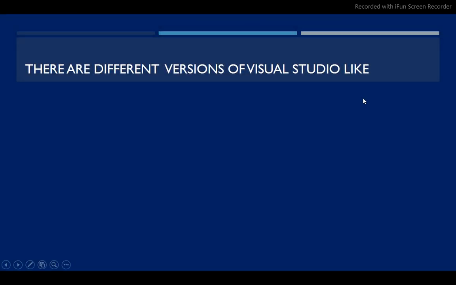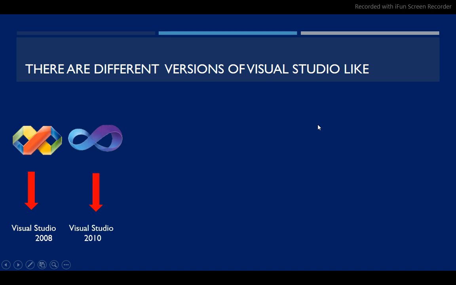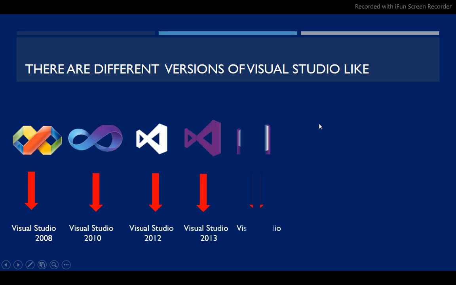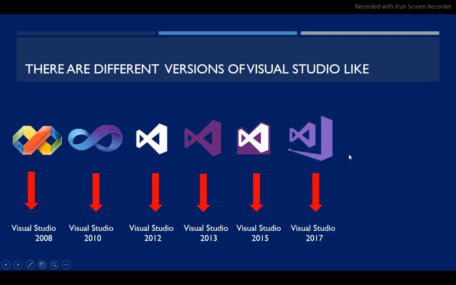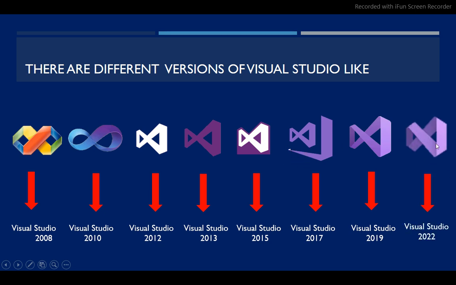Now, there are different versions of Visual Studio like Visual Studio 2008, Visual Studio 2010, 12, 13, 15, 17, 19, and finally the latest Visual Studio version, which was released on 8th November, which is Visual Studio 2022.